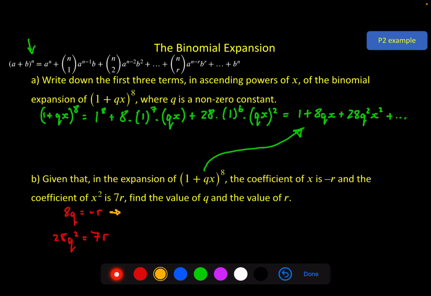Shall we square all of this? No, let's just say r is equal to minus 8q and put that in here. So we've got 28 q squared is equal to 7 times r, which is minus 8q, so minus 56q.